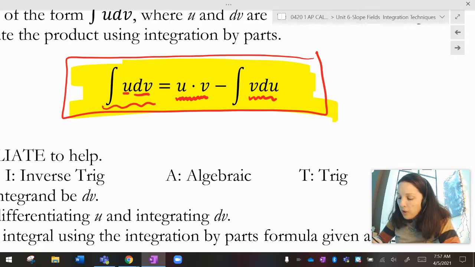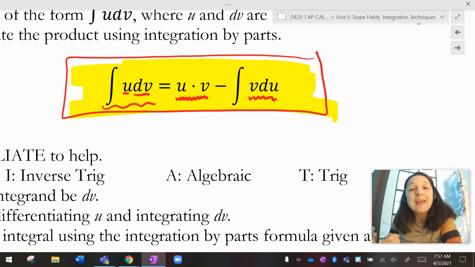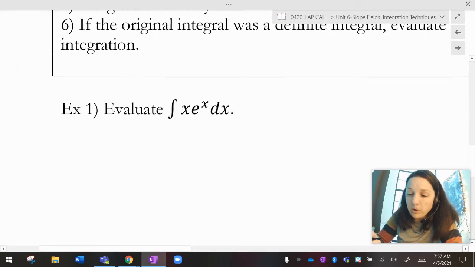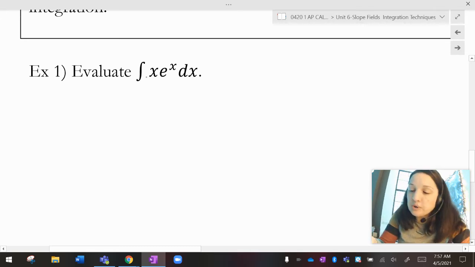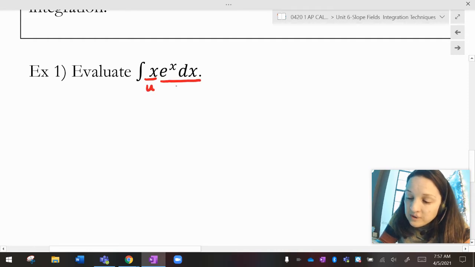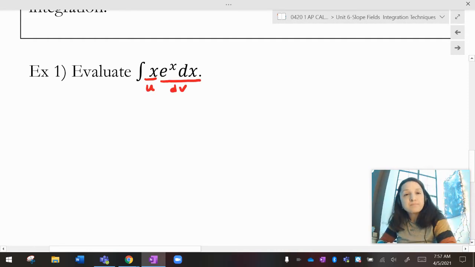All right. Now, what that means, though, is that you need to separate your original integrand into a u part and a dv part. So if I come down here to this one, I have the integral of x times e to the x. So one option is that I call x u and then the rest of it dv.